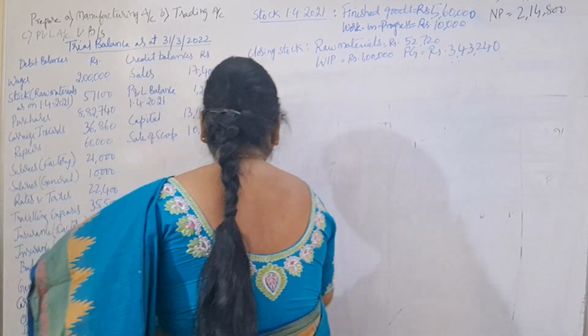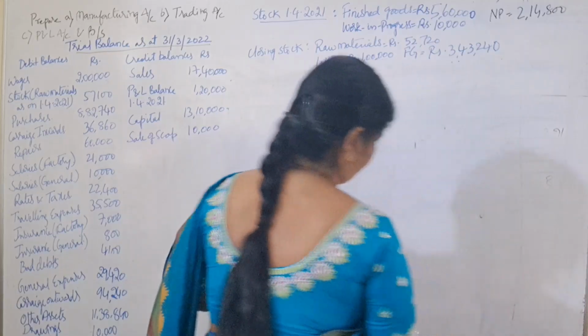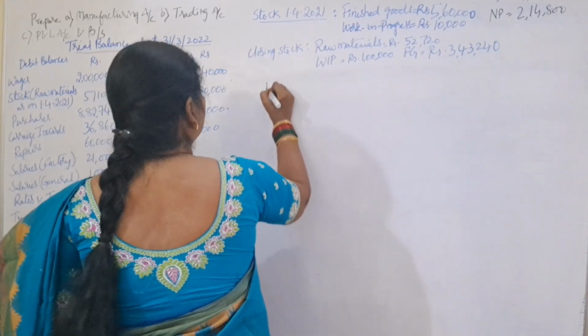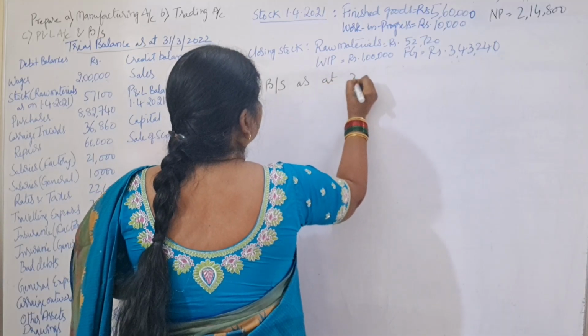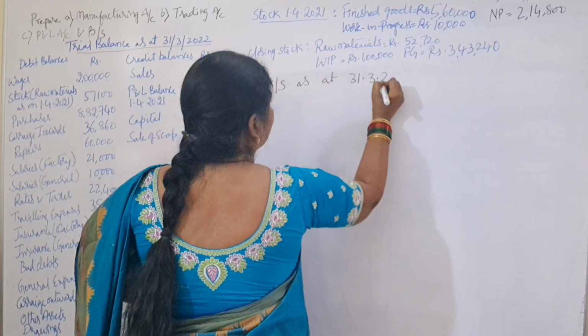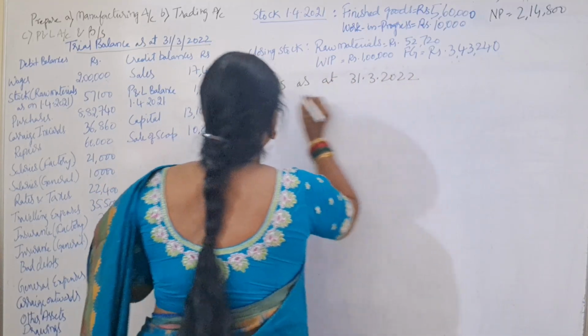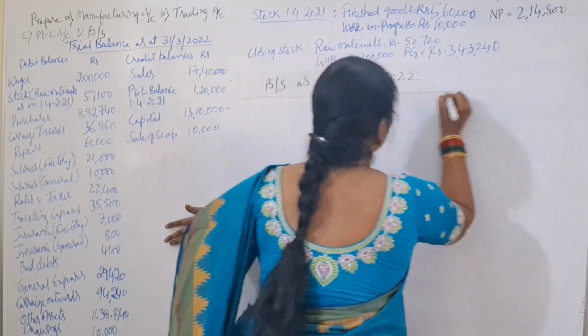So next step is what? Balance sheet. Now we'll prepare balance sheet as at 31/3/2022. So how we will show?